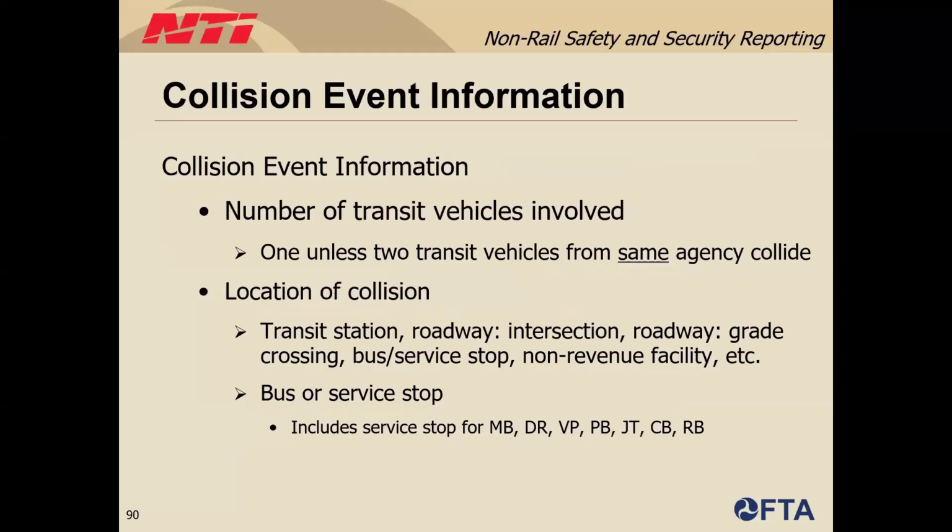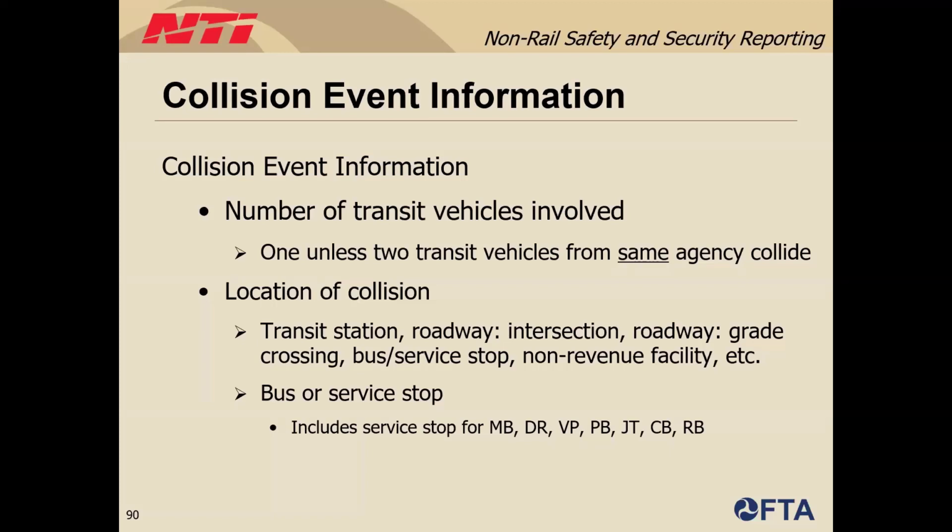So the first collision screen is the collision event information screen. For all the modes, this captures information about the number of transit vehicles involved. The answer would always be 1 unless 2 transit vehicles from your agency collide.